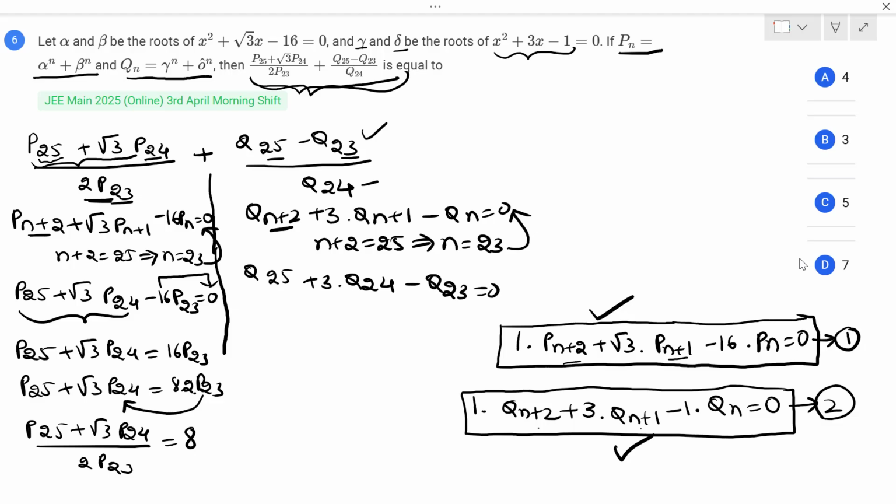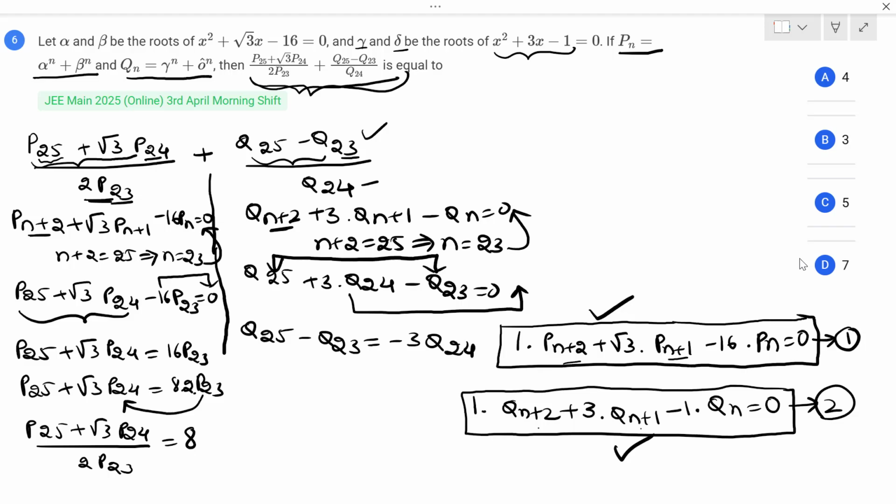Look at the numerator here, Q25 minus Q23. Just have an observation here. Take 3 Q24 to the right side. So Q25 minus Q23 on the left side is equal to minus 3 Q24. Since Q24 is in the denominator, bring it to the left side.